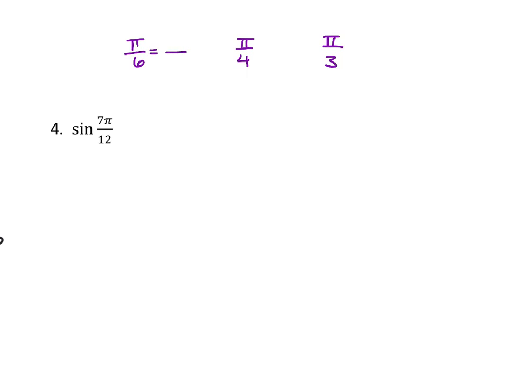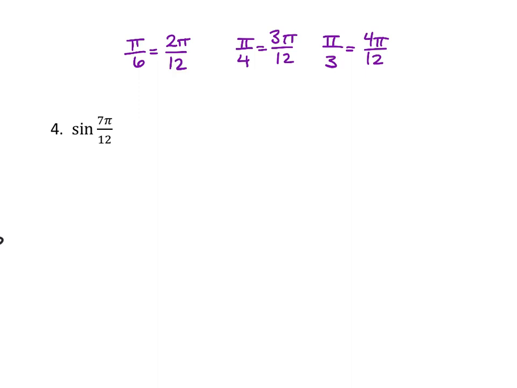If I give pi over 6 a denominator of 12, what should be in the numerator? 2 pi. If I give pi over 4 a denominator of 12, what should be in the numerator? 3 pi. And then for pi over 3, what should it be? 4 pi.